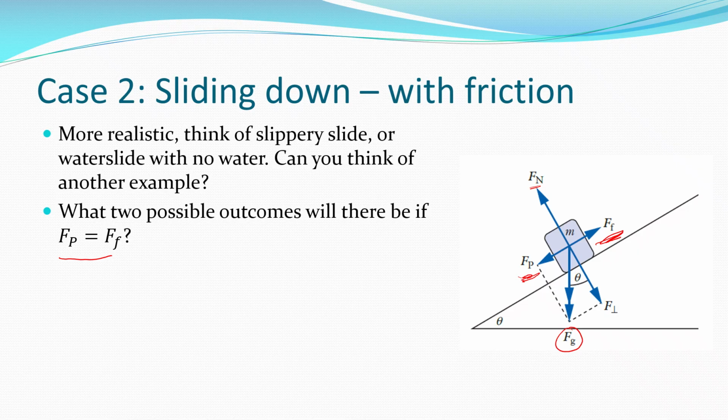In that case, the net force equals 0, therefore the acceleration equals 0, therefore the object will remain at a constant velocity. That means it either has some velocity that it's already traveling at, or the velocity will equal 0 meters per second. That's our two options.